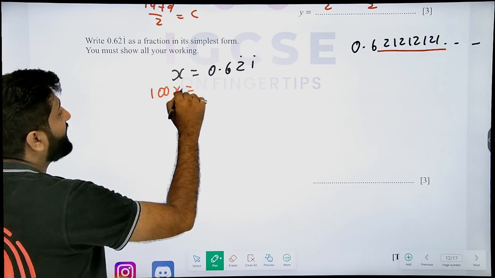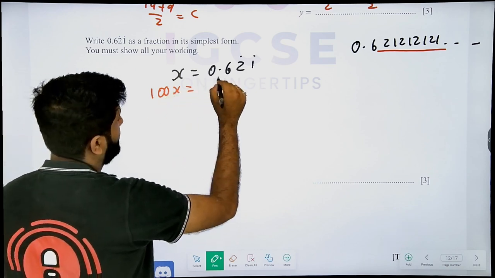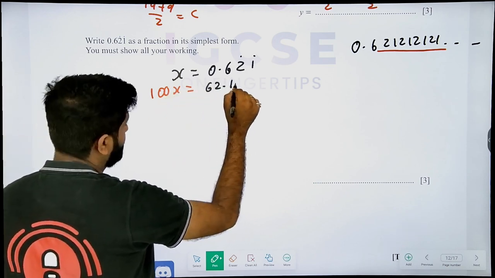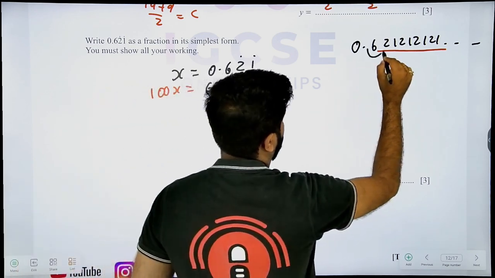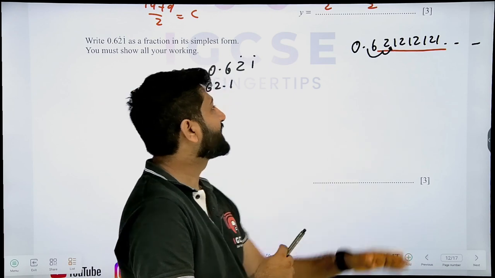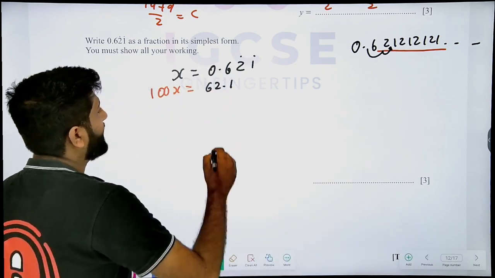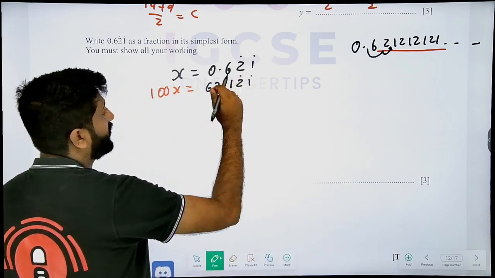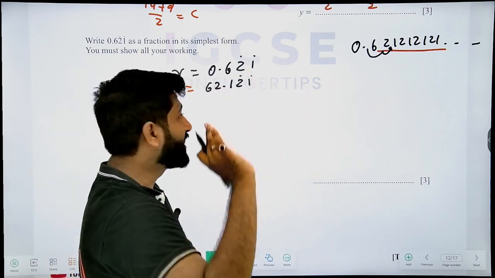So if I multiply with 100, I have 62.1 repeating, because this is going to move 2 places towards the right. So you have 62.1, then again 2 1 2 1 2 1 continued.